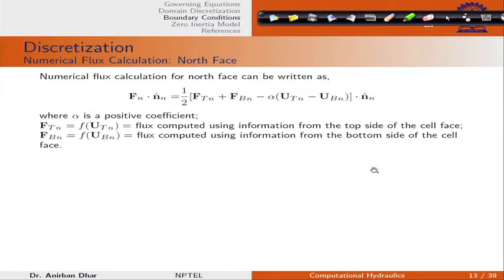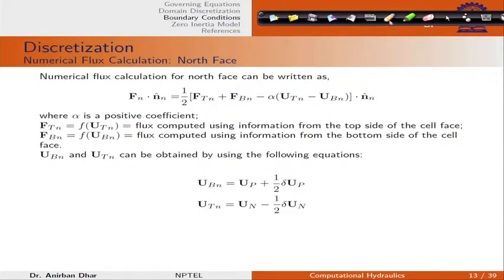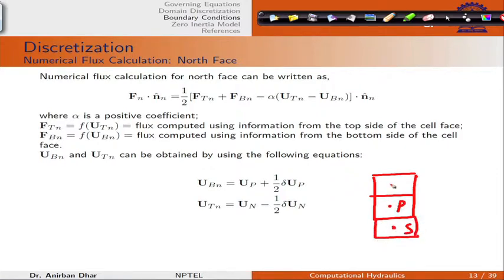For north face, this is again similar. We have top and bottom cell, this is P, this is south, this is north, and we are talking about this particular north face.